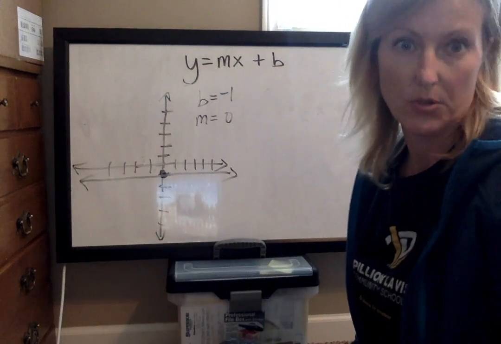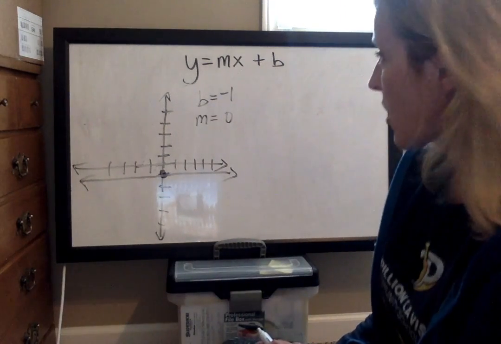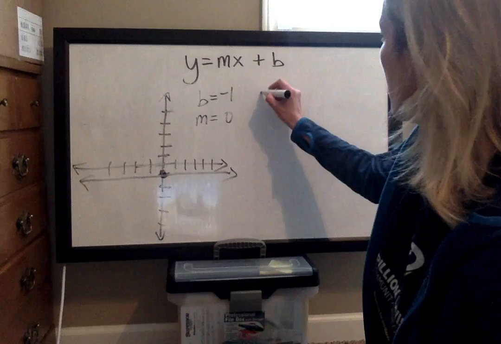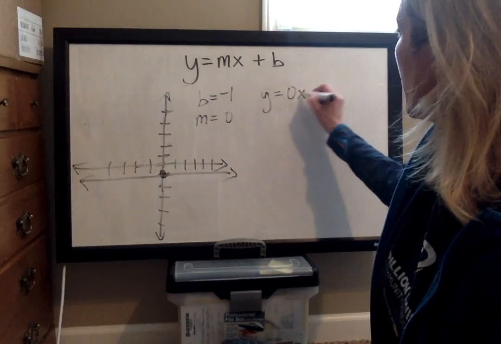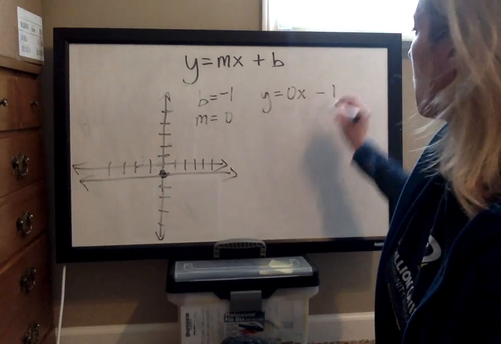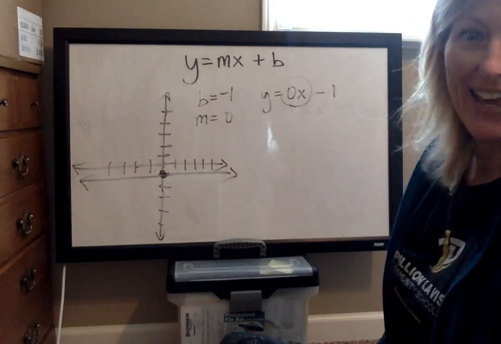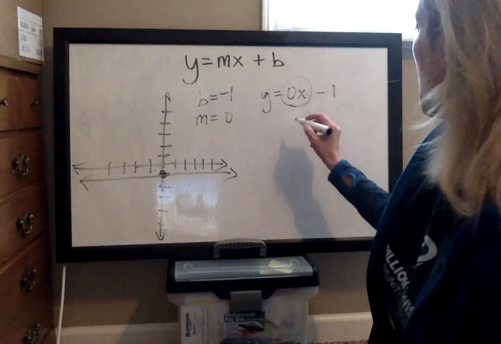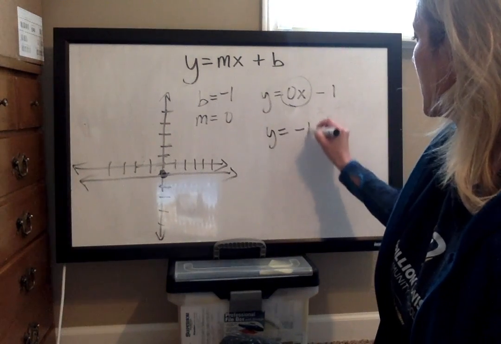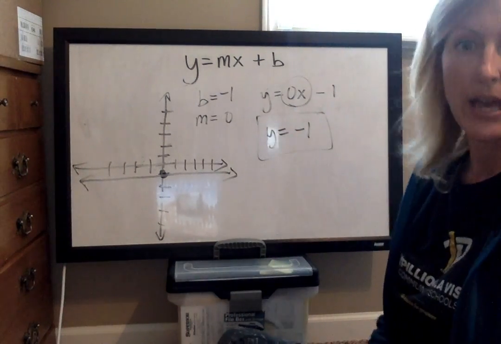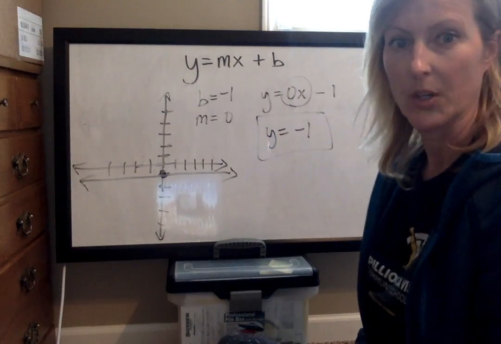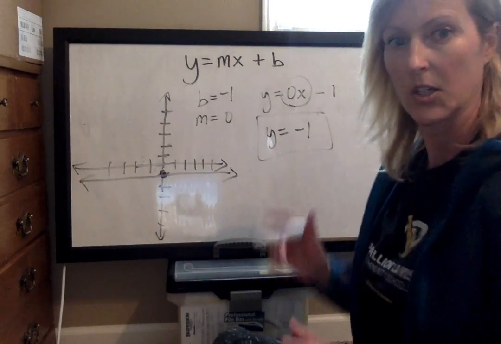I have a 0 slope. So when I write this out, it would be y equals 0x minus 1, but we know we don't write it like that. So it would be y equals just negative 1. And that would be your final answer. Hopefully you can see that.